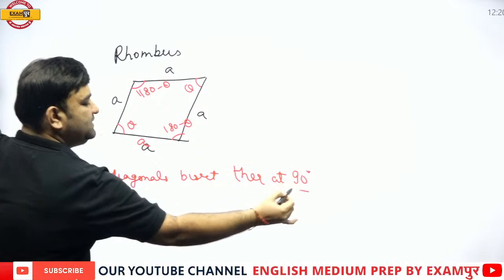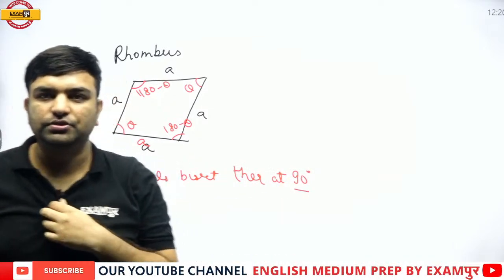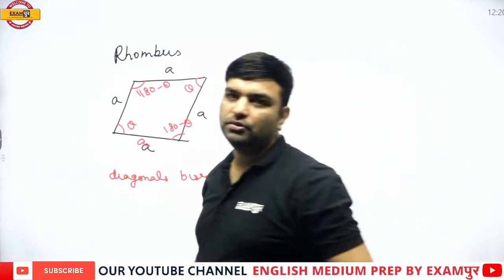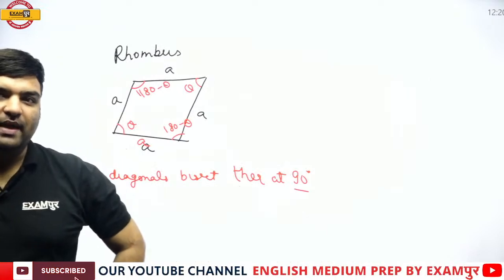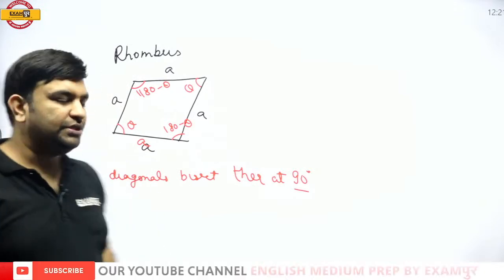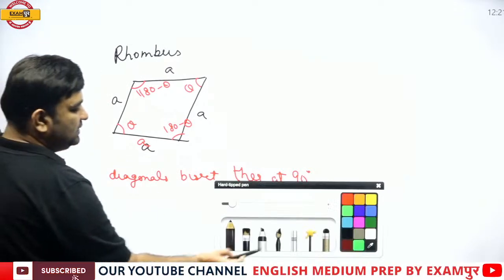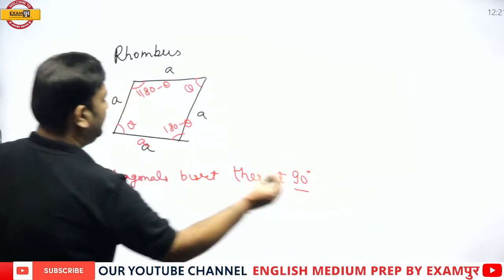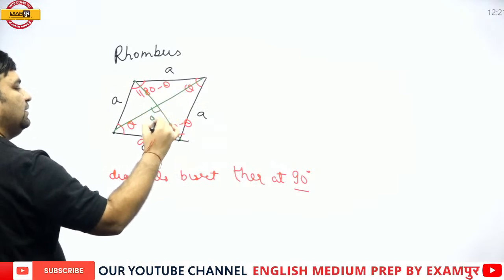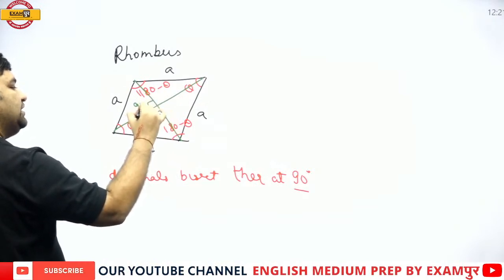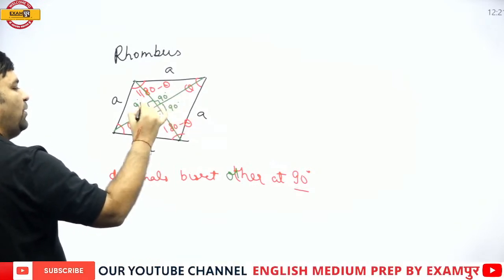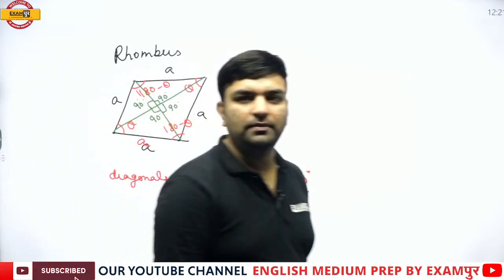This is the point which is used the most in solving the questions: diagonals bisect each other at 90 degrees. So with the help of Pythagoras, we solve the rhombus problems.